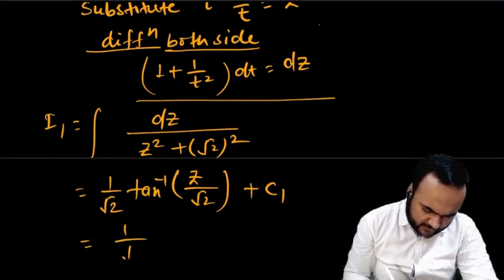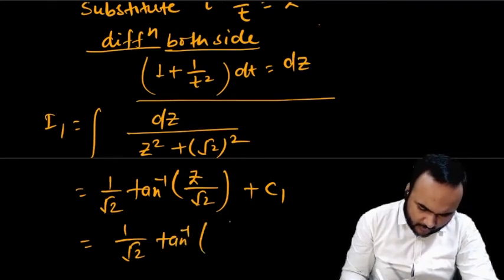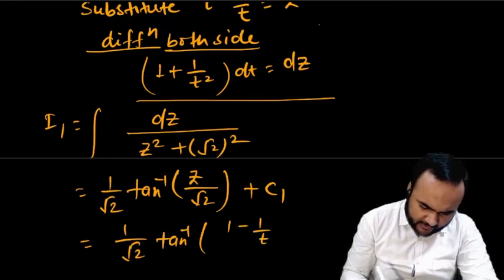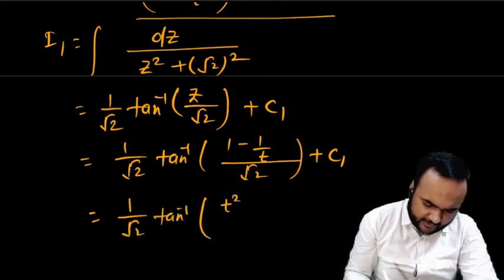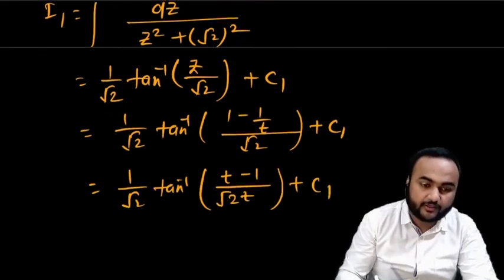So this will become 1 by root 2 tan inverse of t minus 1 by t over root 2 plus c1. Further, on taking LCM, it will become tan inverse of t minus 1 by root 2 t plus c1.